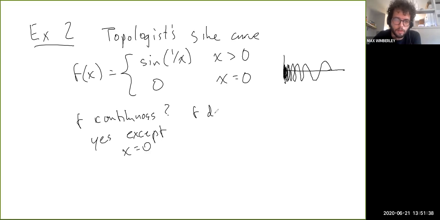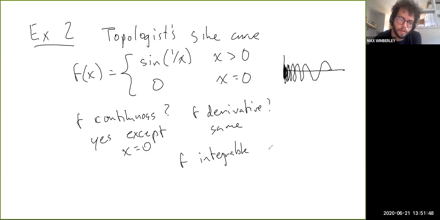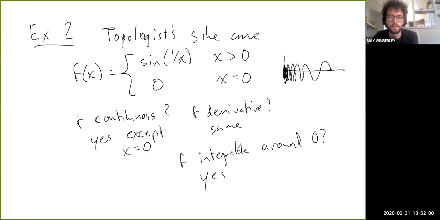Does f have a derivative? Same. But then is f integrable around 0? And the answer is actually yes. But maybe it's not obvious why or how you'd argue that f actually is integrable there.